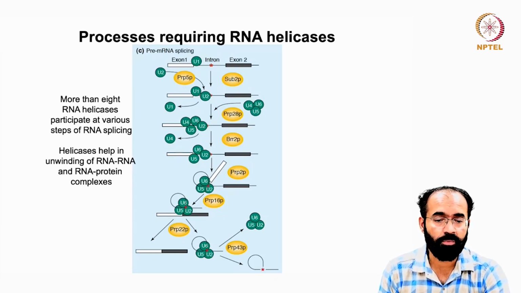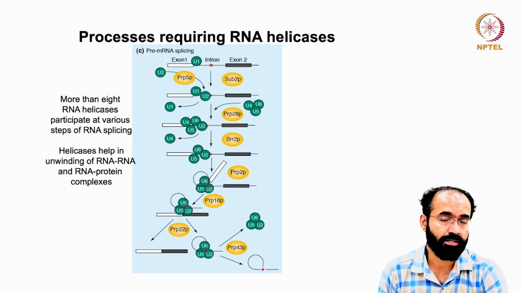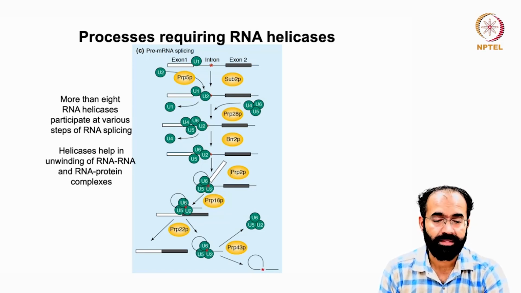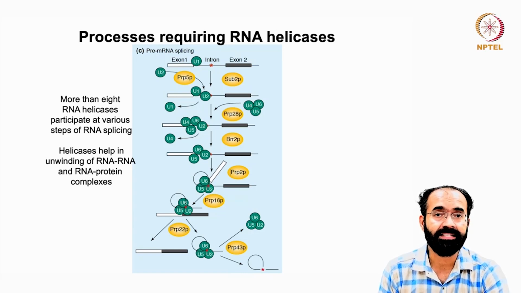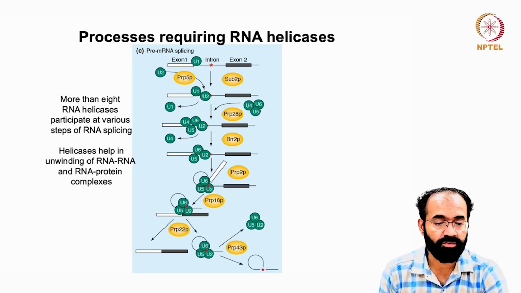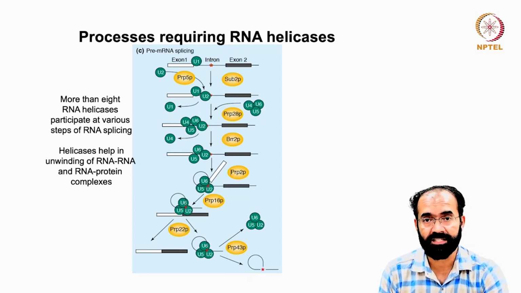And let us see some more processes. You saw A and B with regard to ribosomal RNA, and now you are seeing C, pre-mRNA splicing. We know what is RNA splicing, we will not go into the detail, but more than 8 RNA helicases participate at various steps of RNA splicing, and helicases help in unwinding of RNA and also RNA protein complexes.